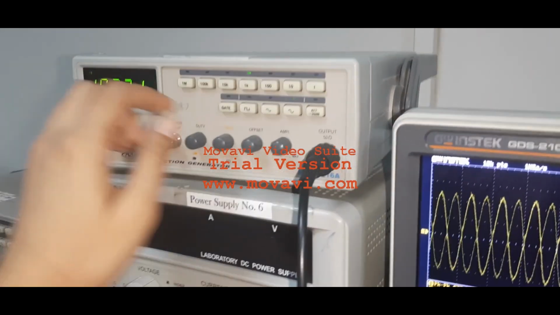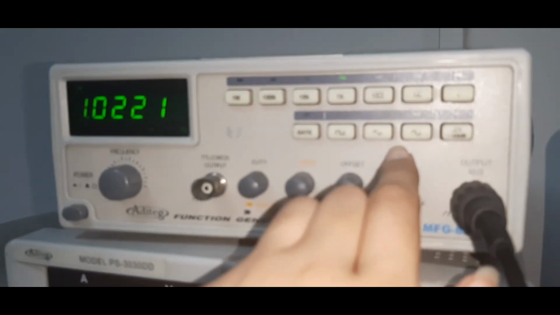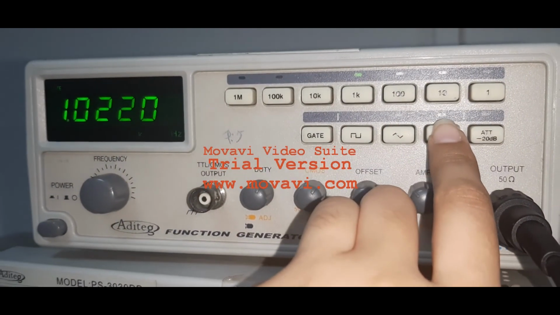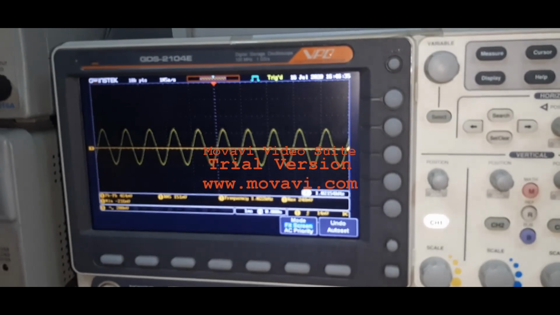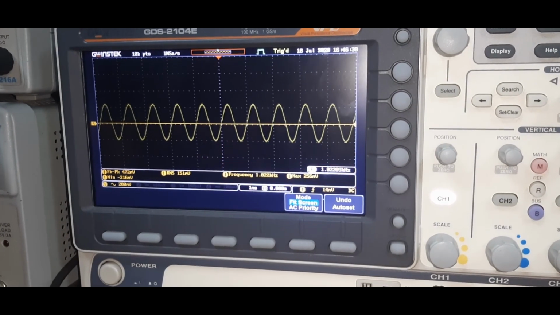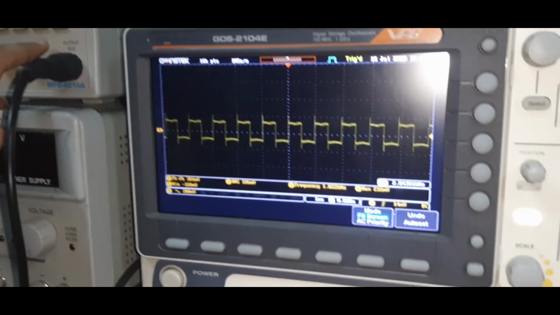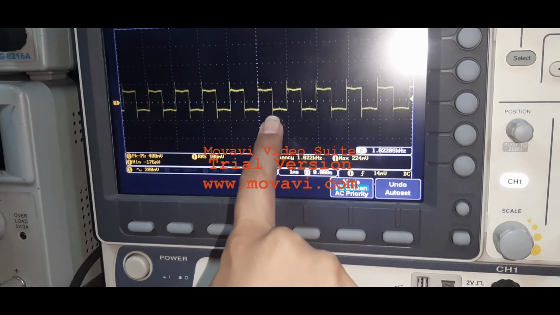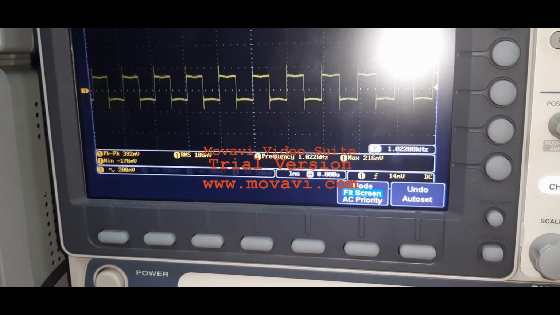I have applied these different waves using the function generator. Here are the three options: sine wave, triangle, and square wave. If I apply a sine wave, you can see that the output is a cosine wave. If I apply a triangular wave, here the output is a square wave. Here there are some spikes or noise in the output, which can be reduced by connecting a capacitor in the feedback path.